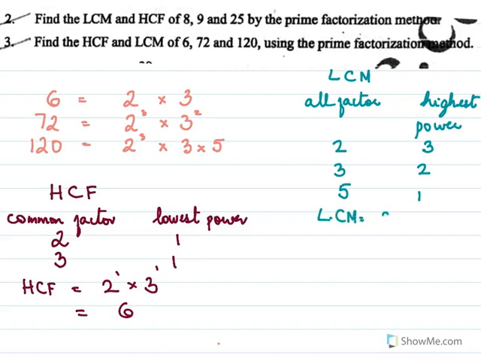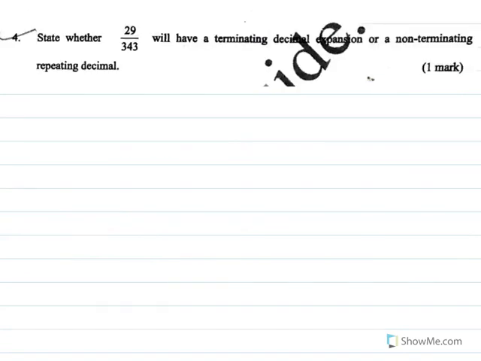So you have LCM 2 raised to 3, 3 raised to 2 into 5. That is 8 into 9 into 5, which is equal to 360. So LCM is 360.